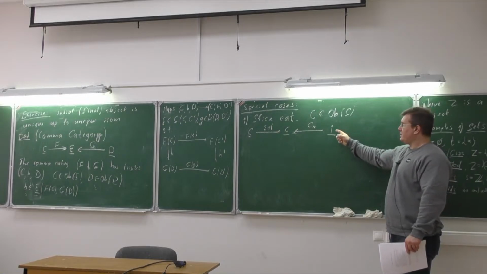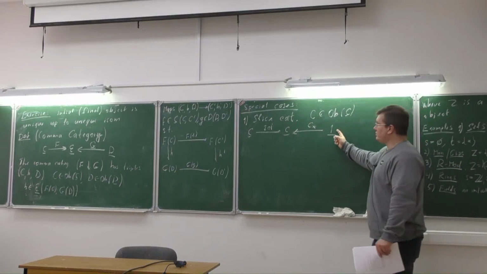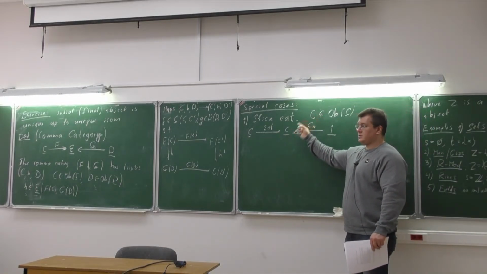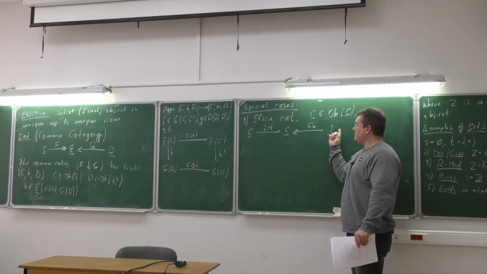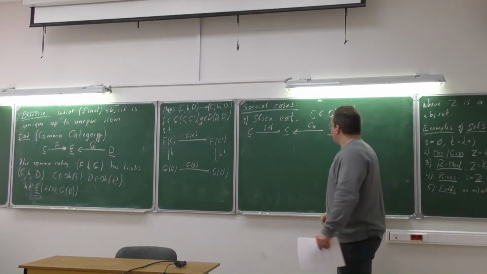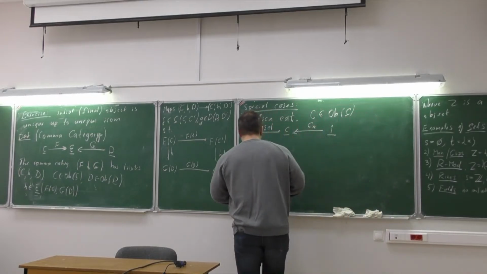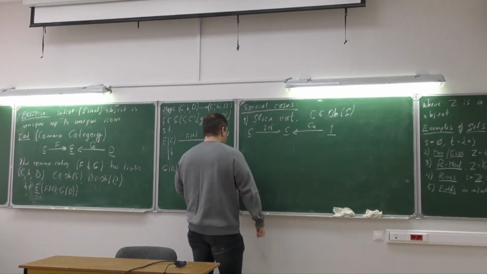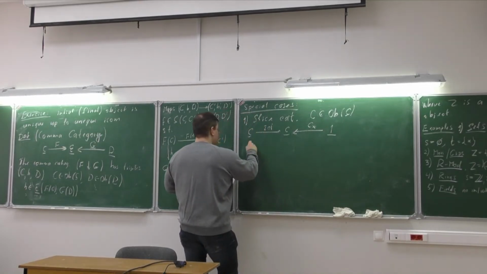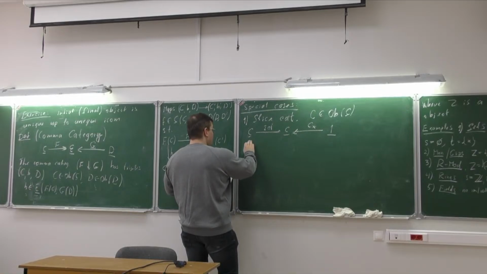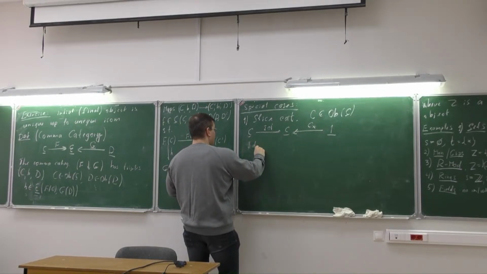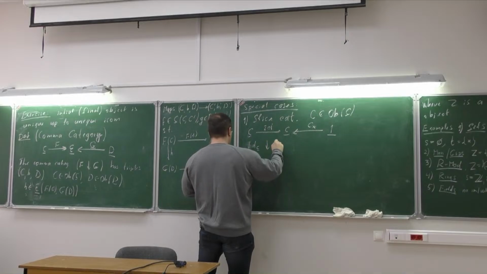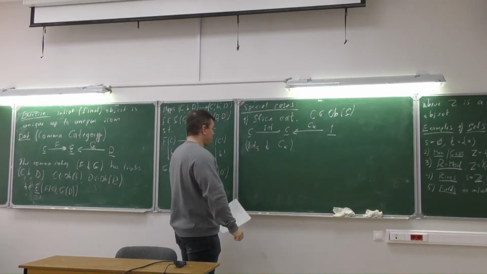So here, there's a category where we have only 1 object and only 1 arrow, and we're sending this object to the object C, which we fix in the category C. And the identity here is sent to the identity. So this is just the explanation of the notation C lower star. In this case, we have identity on the category C, comma category with the functor C lower star, but usually people don't write something like this.